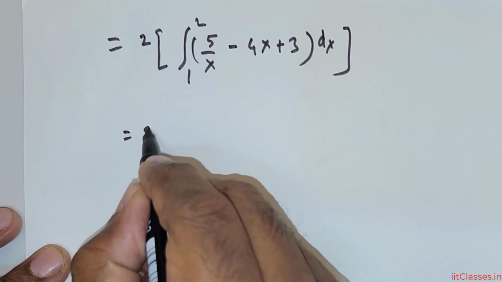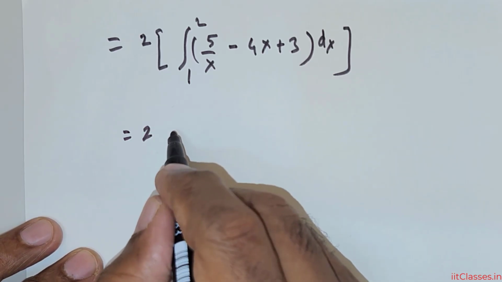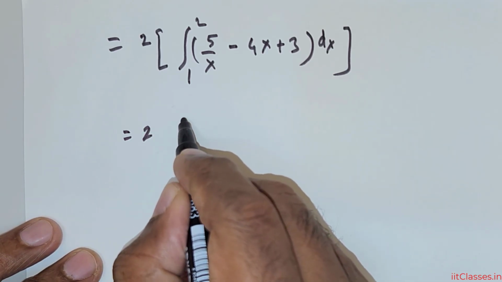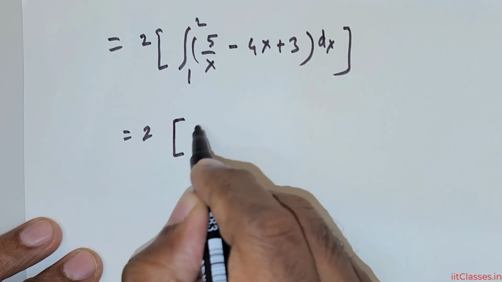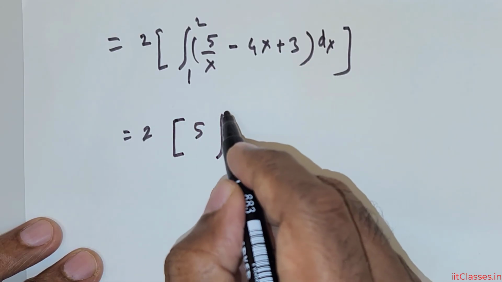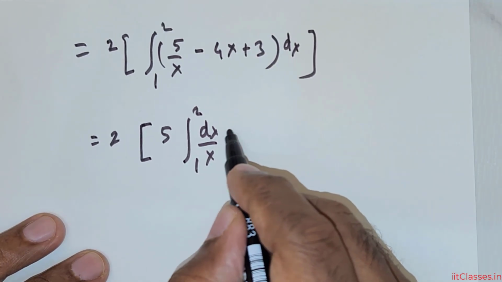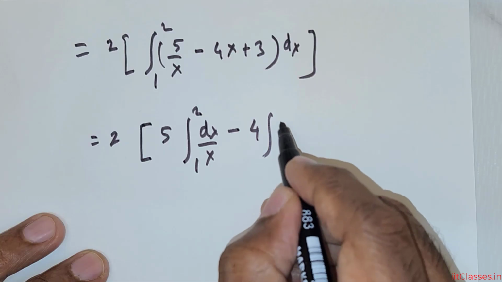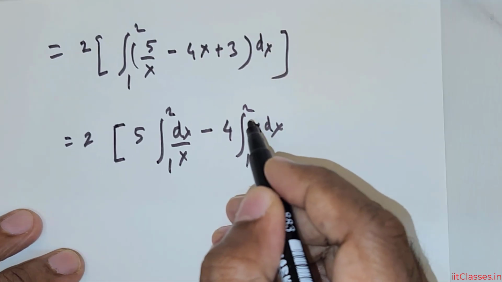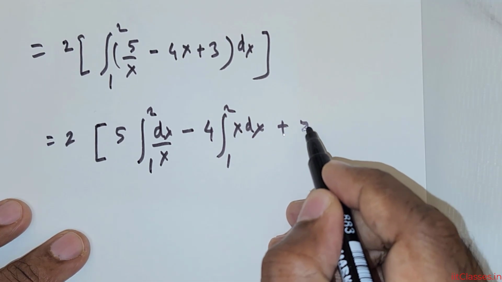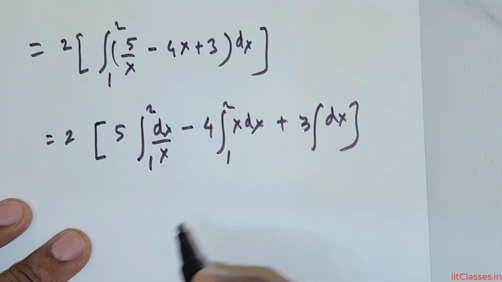Let me integrate this. I'm going to rewrite this as 5 times the integral from 1 to 2 of dx over x, that's the first integral. Then 4 times the integral of x dx from 1 to 2. Then 3 times the integral of dx. So this is what we got.